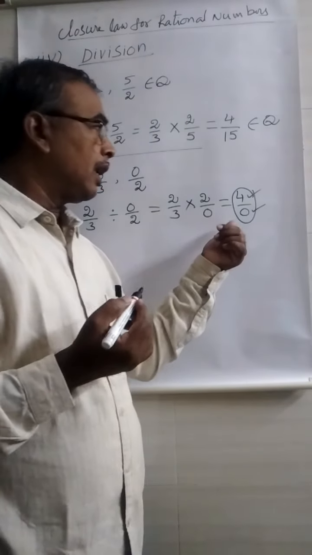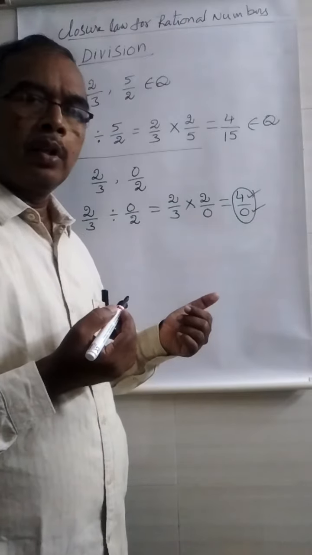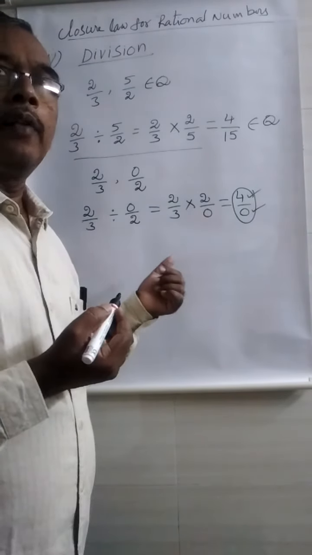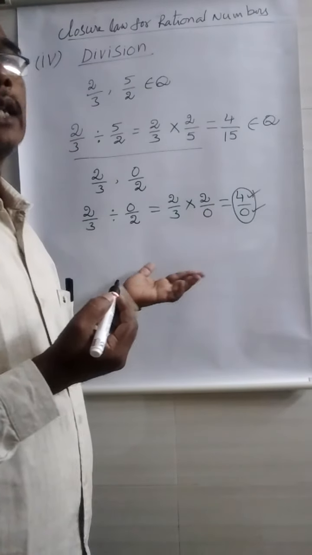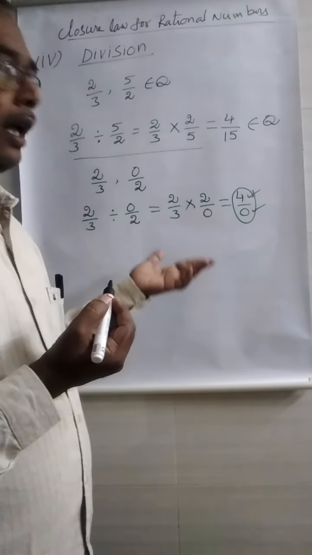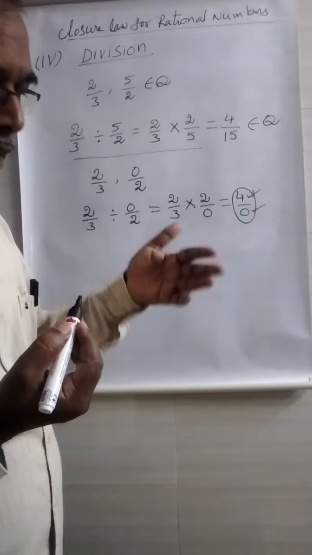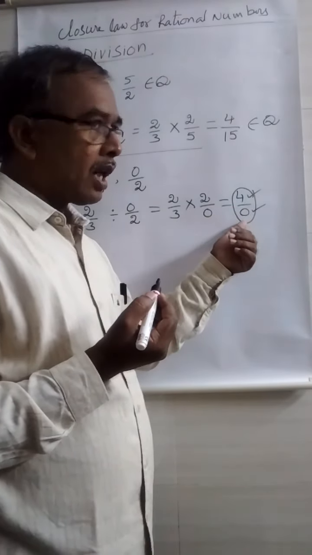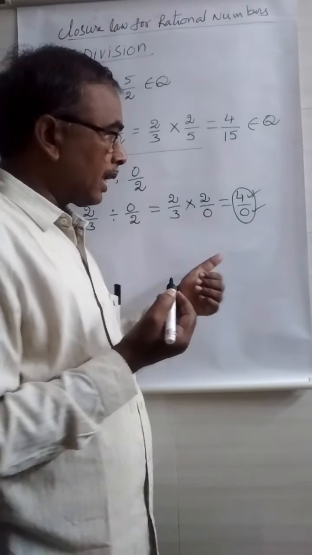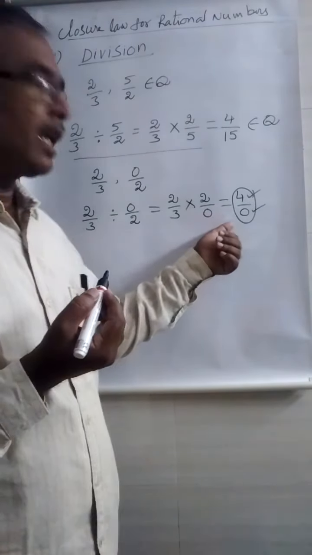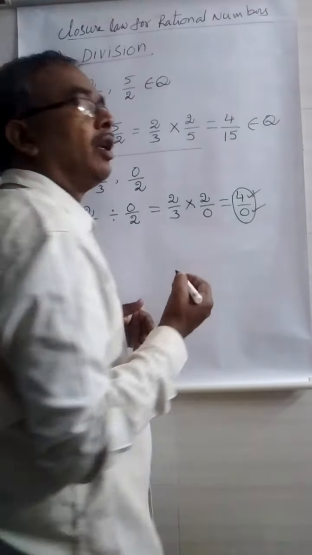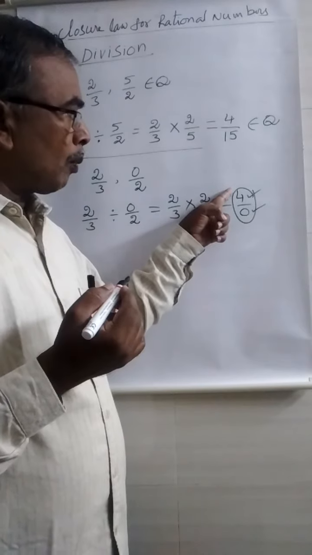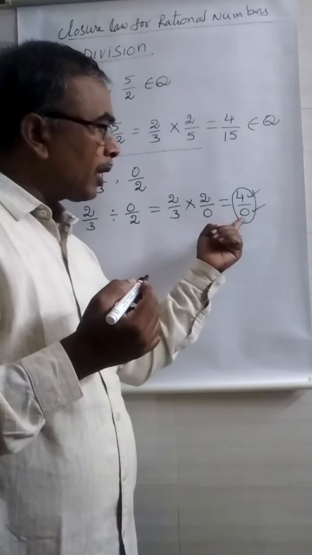Dividing 4 by 0 is not possible. Also we know the rational number definition: p and q are both integers and q is not equal to 0. That means the denominator must not be 0.